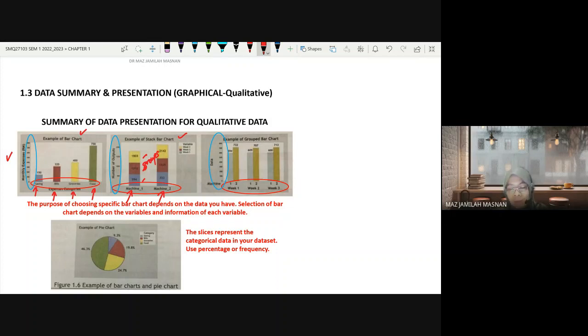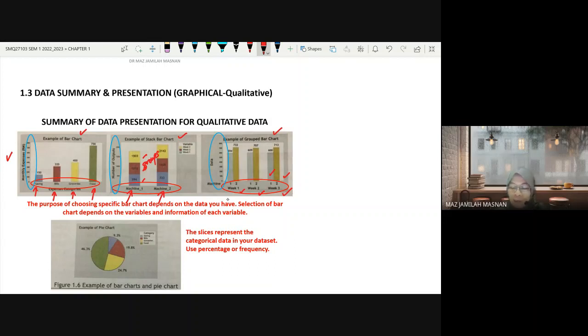It depends what kind of information you wish to uncover once you have selected your chart types. You can also have what we call a grouped bar chart. For example, if you wish to see the performance between week 1, week 2, and week 3, whereby each week involves two groups, you can easily see for each week which group performs better compared to the other one.